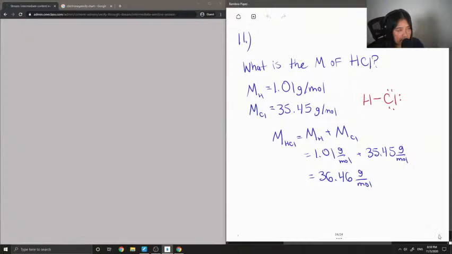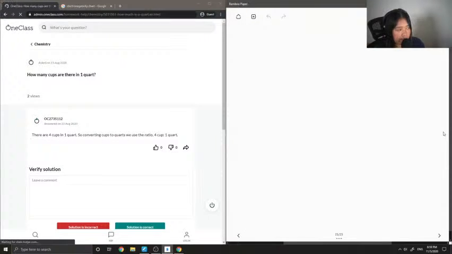Okay, so now let's move on to question number 12. How many cups are there in 1 quart? So to solve this, we need to know the conversion ratio of quarts to cups. So basically, there are 4 cups in 1 quart.